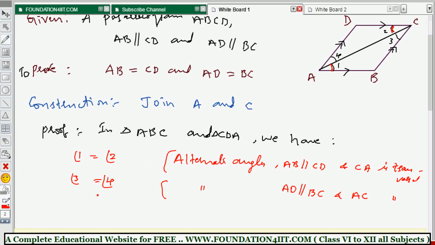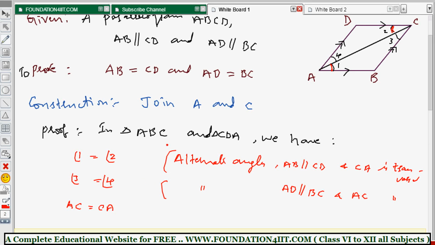And one more thing is AC is a common side for both triangles. AC is equal to AC. We can write AC or CA, both are the same. This is a common side of both triangles.